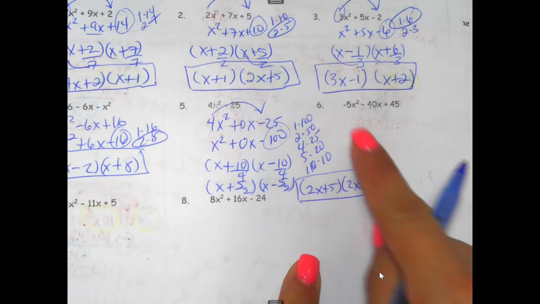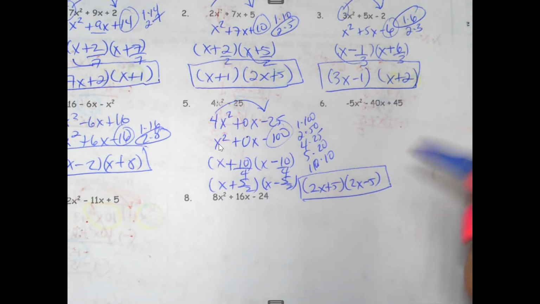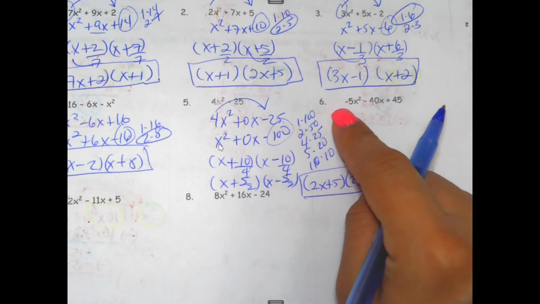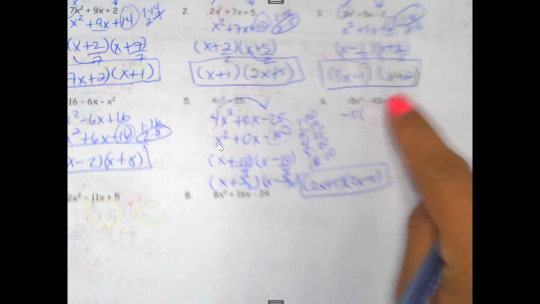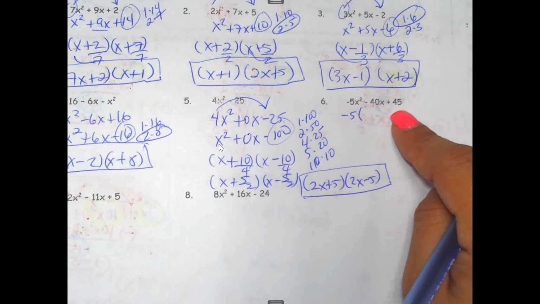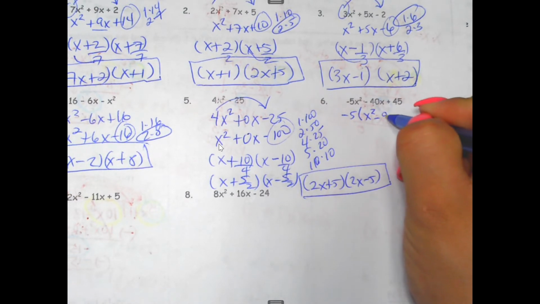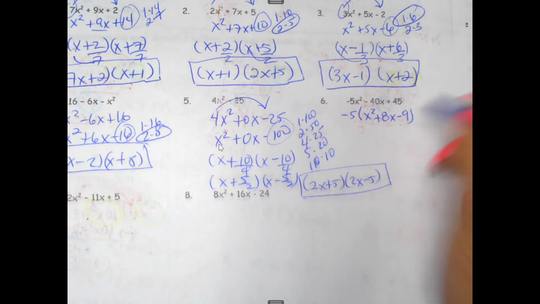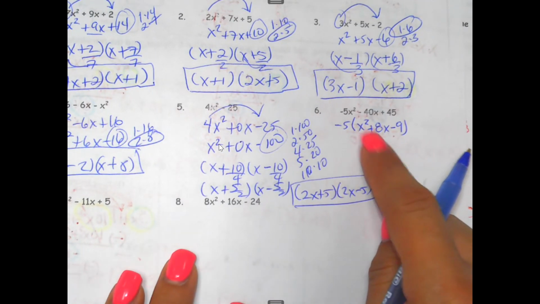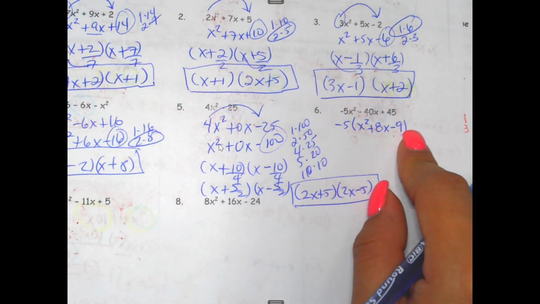On number 6, we can factor out a negative 5. We don't want this to be negative, so we might as well factor out a negative 5 because all of these are divisible by 5. Remember, we're dividing by a negative 5 or factoring out a negative 5, so it's going to switch our signs.